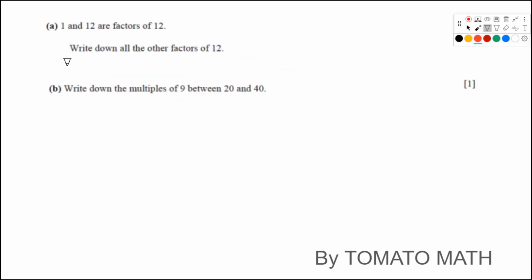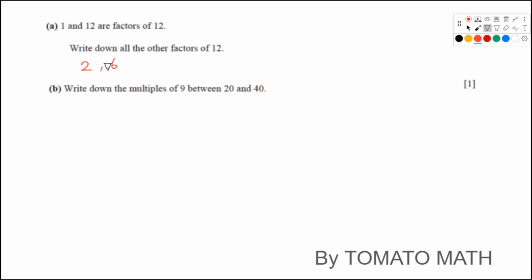Next one, 1 and 12 are factors of 12. Write down all the other factors of 12. Okay, so we know that 1 and 12 is the first pair, but we don't need to write it again because it's already written. In order to find the factors, we just have to experiment by ourselves. If we divide 12 by 2, you'll get 6.